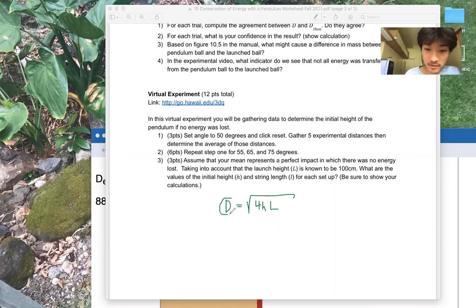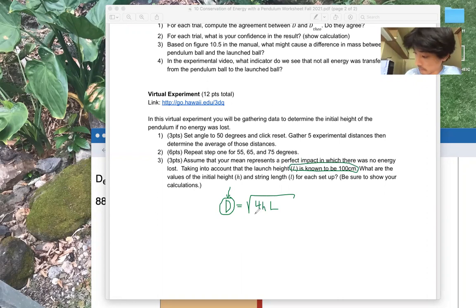Using your average, for each of these 55, 65, 75, you're going to get an average value, and your average value is going to go in here. So you have a number equals the square root of 4, h, and L. And they actually tell you that L is known to be 100 centimeters. So you can solve for h.